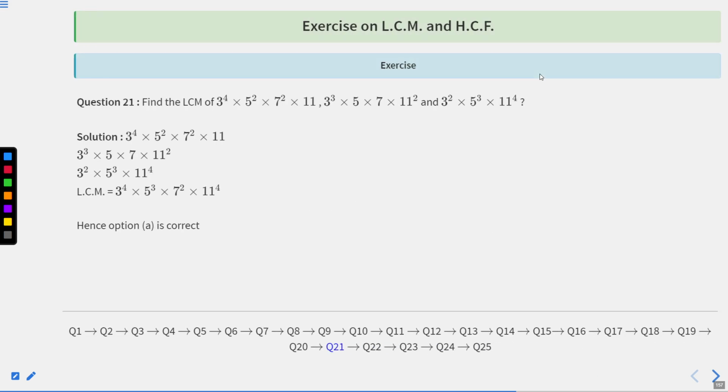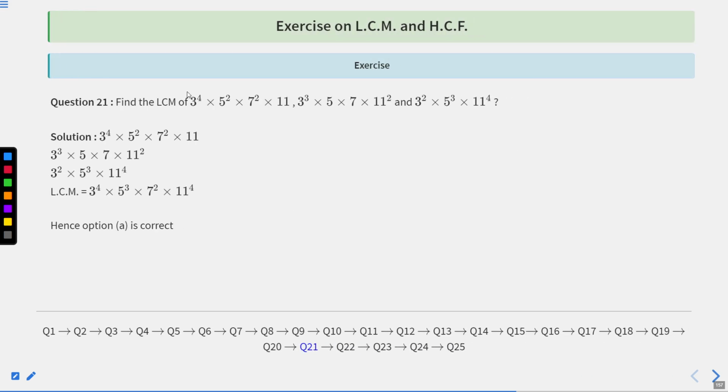So the solution: we have 3 to the power 4, 5 square into 7 square into 11, and the other two numbers as given. If you observe them, you will see the LCM is 3 to the power 4, 5 cube into 7 square into 11 to the power 4. So the correct option here will be option number A.